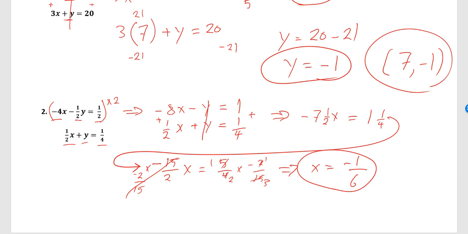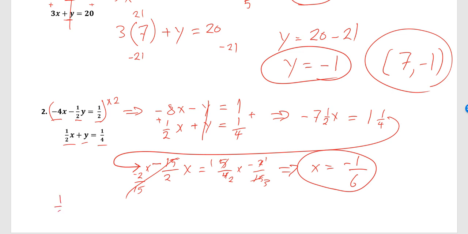Okay? And then what we can simply do is plug this into either equation to solve for y. So, for example, we can plug into the second equation, right? So 1/2 x plus y equals 1/4.